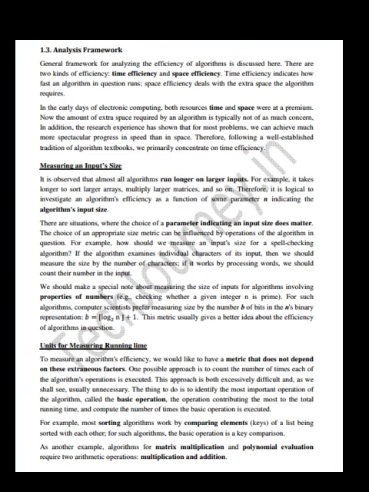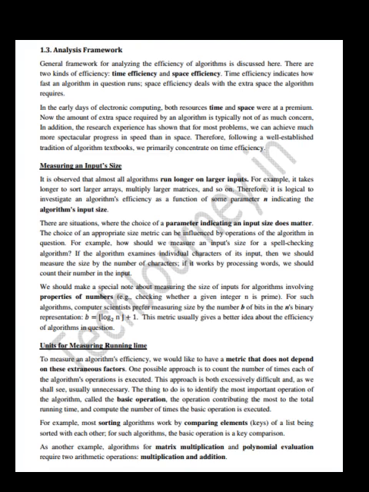Now let us see units for measuring running time. To measure an algorithm's efficiency, we should like to have a metric that does not depend on these extraneous factors. One possible approach is to count the number of times each of the algorithm's operations is executed.